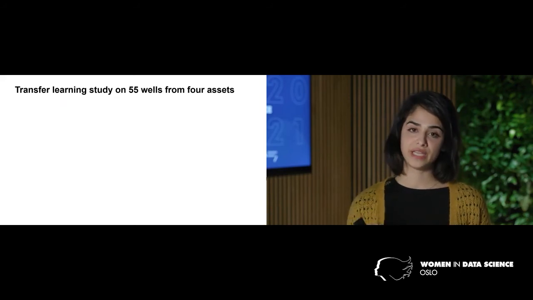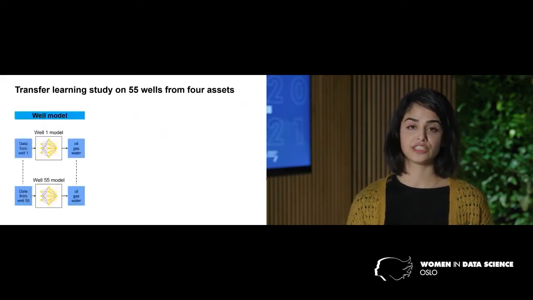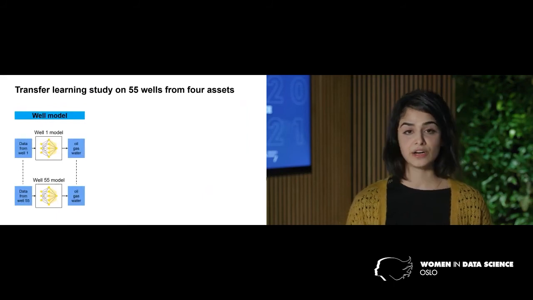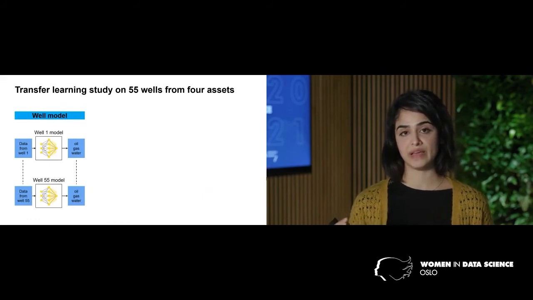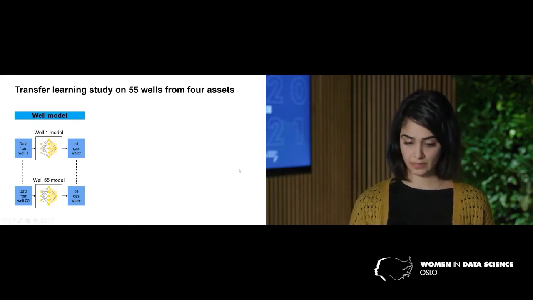And we created 3 different models to compare the performance. The first models are these well models that I introduced to you earlier. These are models that are taking data from just one well and then modeling and predicting the behavior of just that well. So you end up with 55 kind of isolated well models.